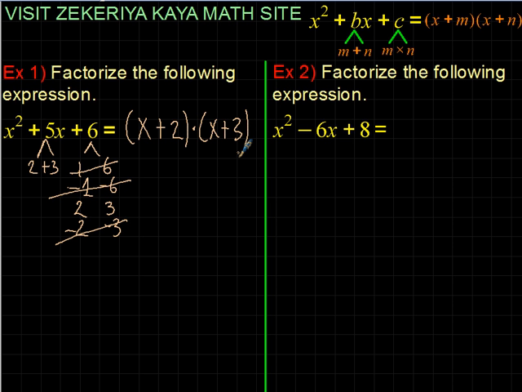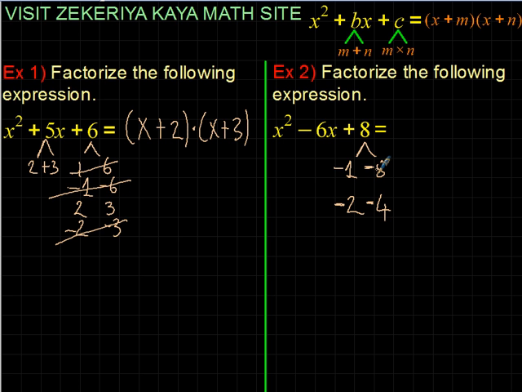In the second, I changed the sign of the second term. I made it minus. So when I look for the possibilities to get 8, 1 and 8, and 2 and 4. The second term is minus, so when I add them, I need to get negative numbers. So I will make both of them minus. I will not look for the positive ones, because when I add the positives, the result will be positive.